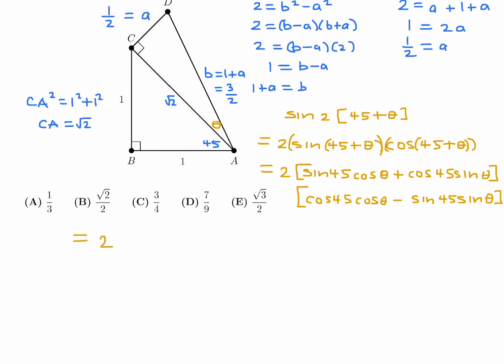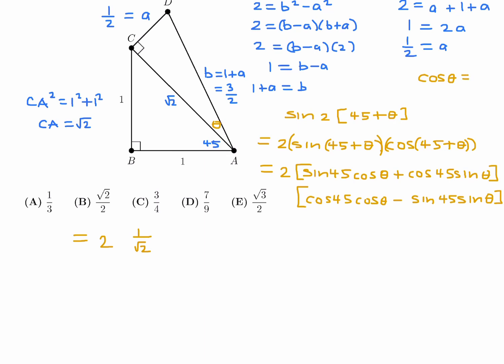So 2 sine of 45, well, now we just plug in the numbers. That's 1 over root 2. So cos of theta, well, that's where you use the triangle now. Since we have the dimensions, we can use those to figure out the cos of theta. And I'll just put the cos of theta out here just so we can plug them in pretty quickly.